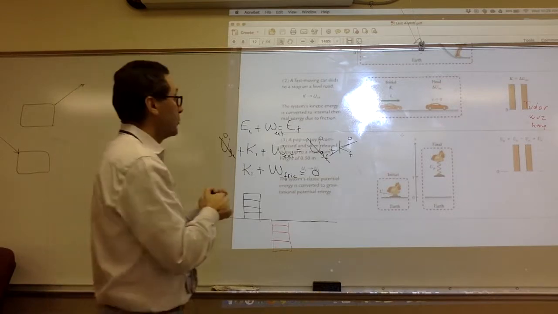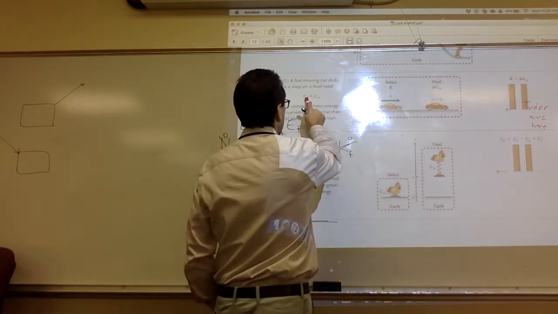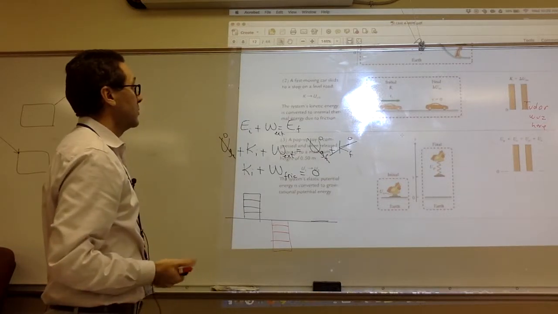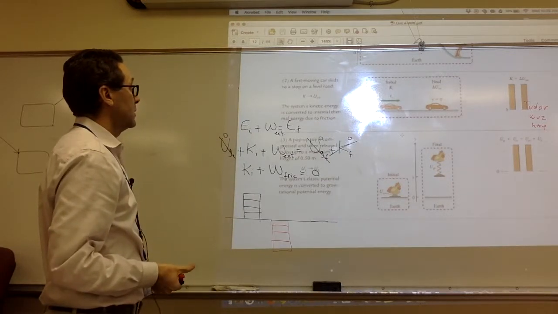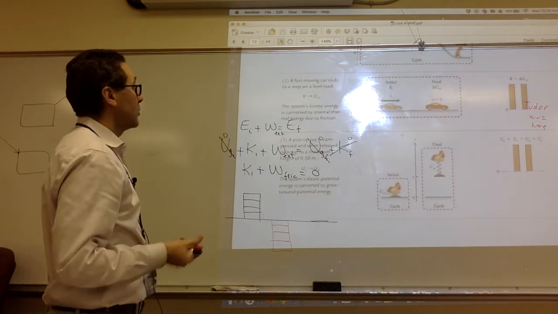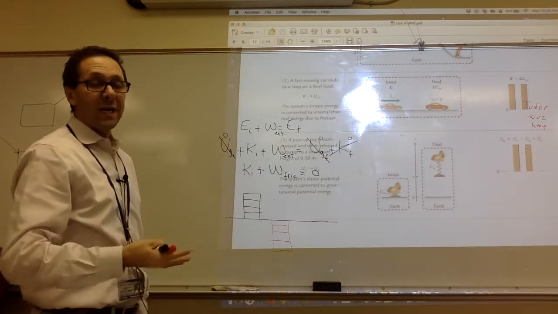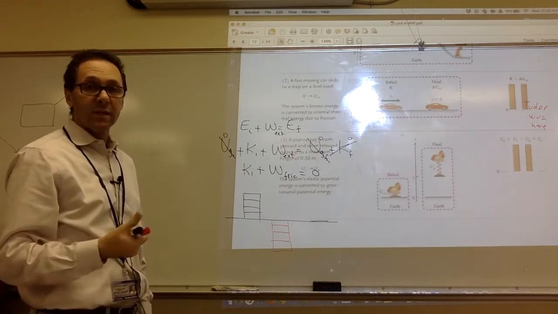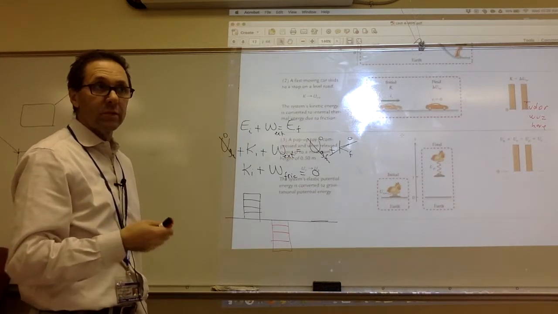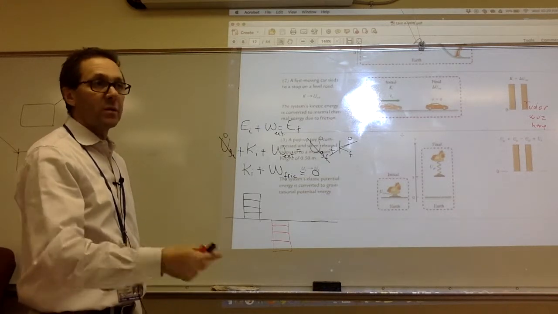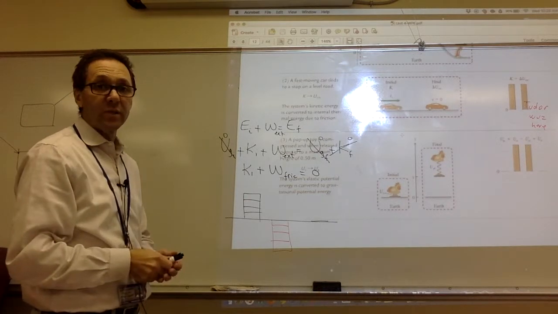Now, if you read this, it says K changes to the internal and increases the internal energy of the system. And the reason for that is because the tires will get warm and stuff like that. So there is some change in the internal energy of the system by just heating up the tires.